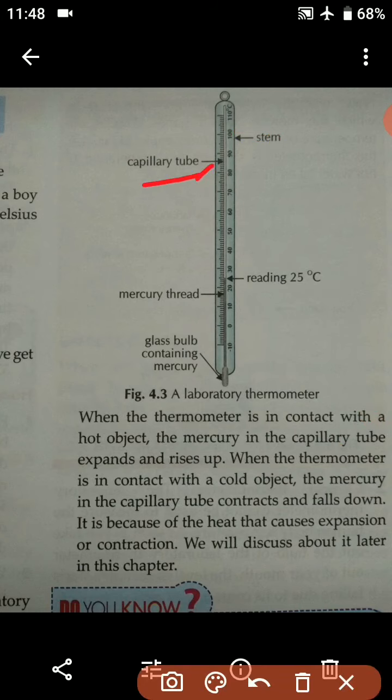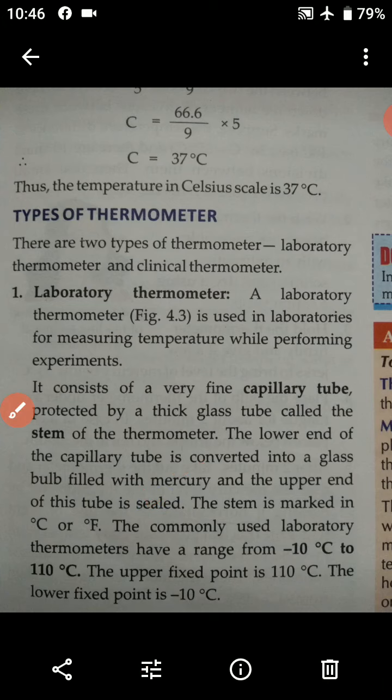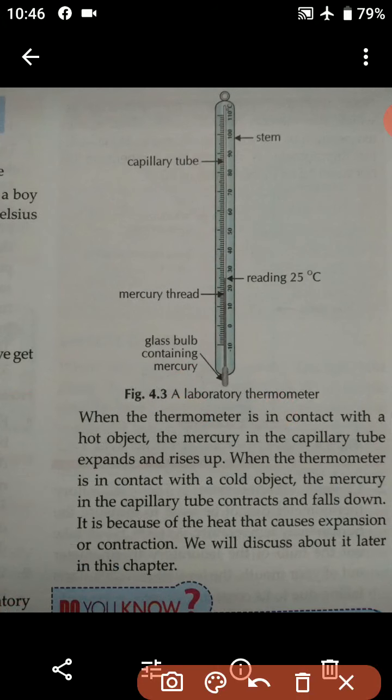So students, the lower end of the capillary tube is converted into a glass bulb filled with mercury and the upper end of this tube is sealed. So this is the lower end and it is a glass bulb containing mercury. That means it contains mercury. And this is the upper end and this upper end is sealed. Okay.